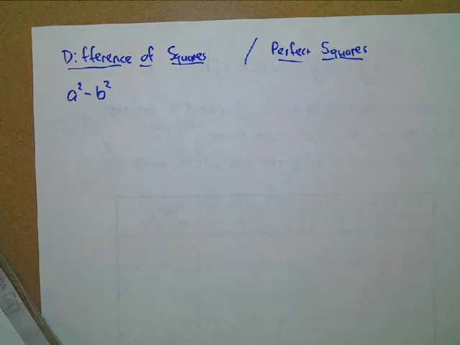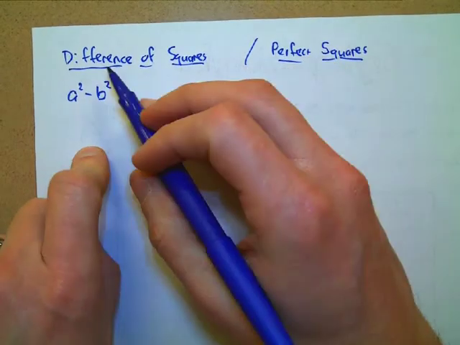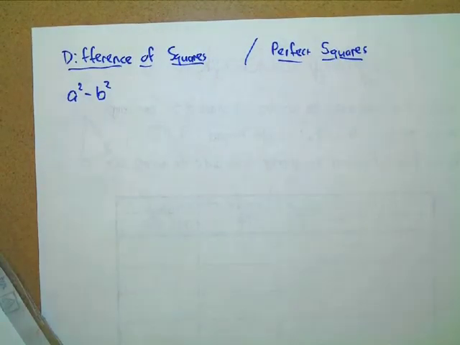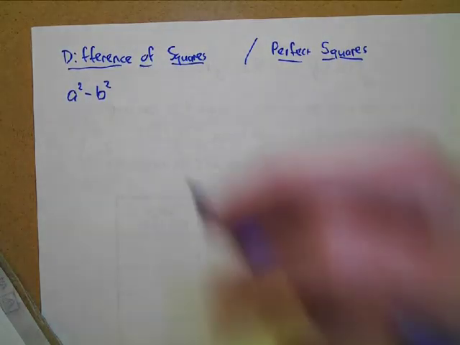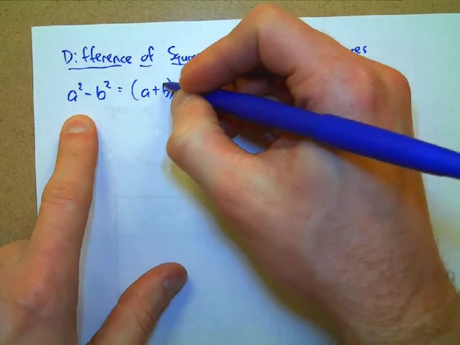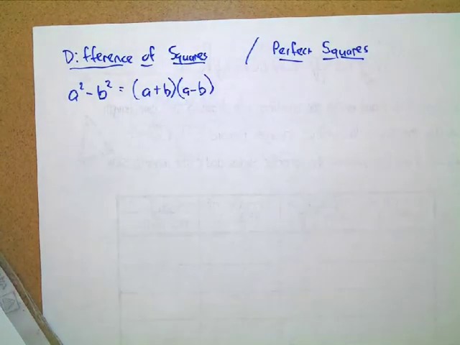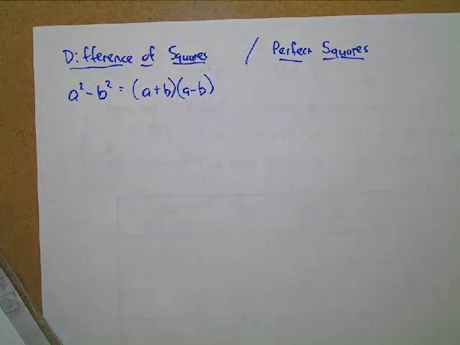Again, we're not very creative in our naming in math. When we see a difference, a subtraction of two perfect squares, we call that a difference of squares. This will always factor to the form a plus b, a minus b. Do you need to memorize this formula? Not really, because you can factor a lot of stuff with our normal strategies, but it's helpful to just have it down there.